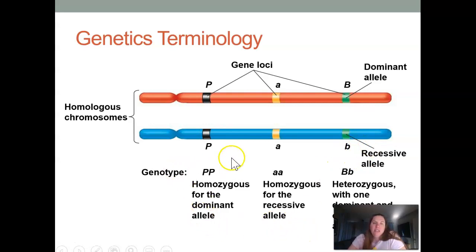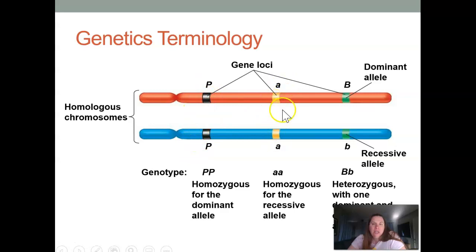So here we can see that the genotype for this particular set of chromosomes is homozygous dominant for whatever this P allele stands for. Homozygous dominant because they're the same. Remember, homozygous means the same, and because it's capital, we know that it's homozygous dominant.